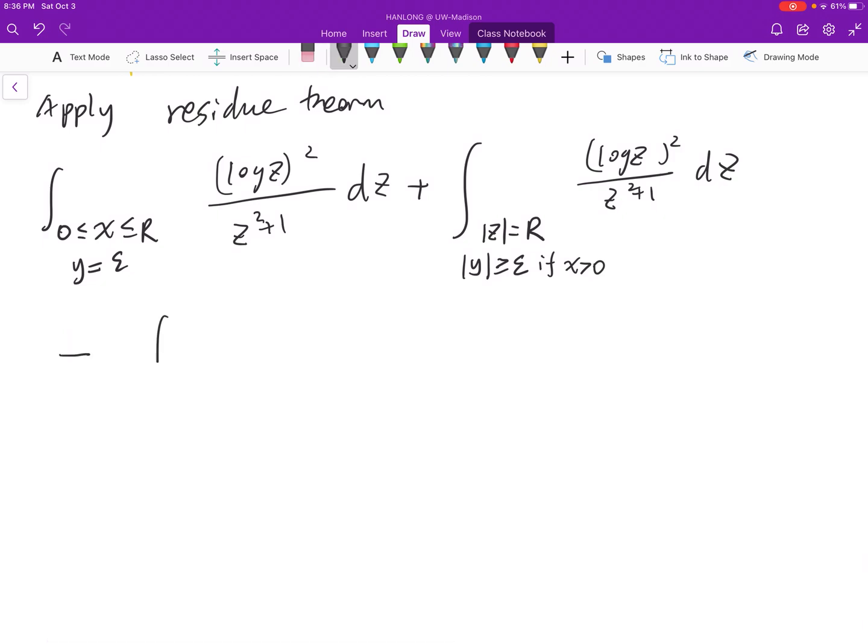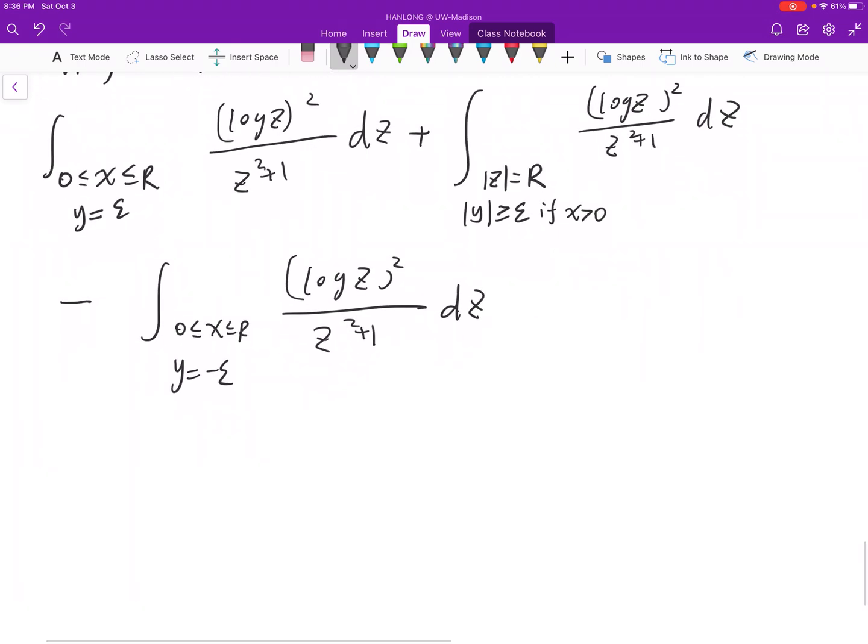Another horizontal part, where x is still from 0 to R, but the imaginary part is negative epsilon. (log z) squared divided by z squared plus 1 dz.